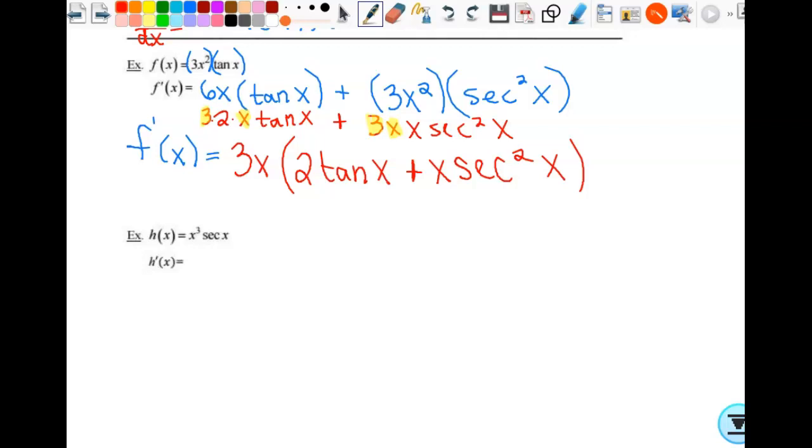Okay, be careful. You gotta have an argument. So it's secant x times tangent x. The way that you have it written, it would be like the secant of tangent x. So it's secant x times tangent x.